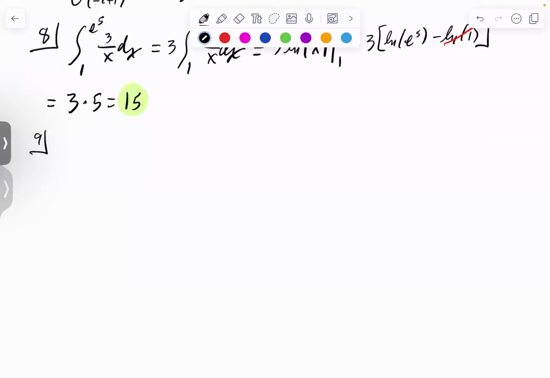Number 9, we have another definite integral. So we're here. Once again, I'm going to break this down into 2 separate integrals with the constants out in front.